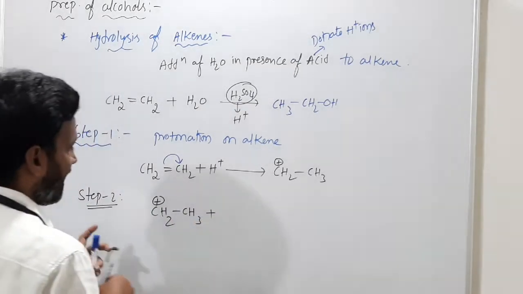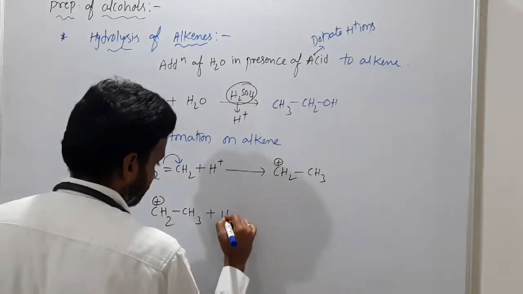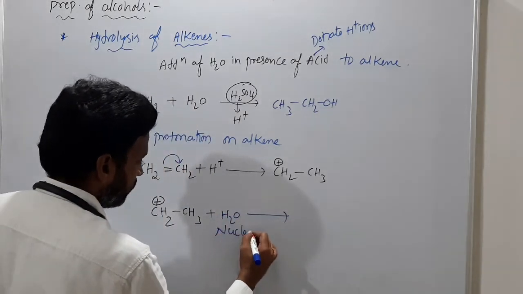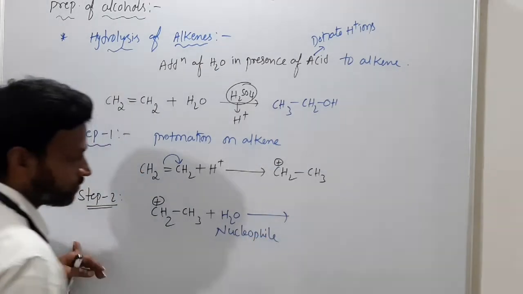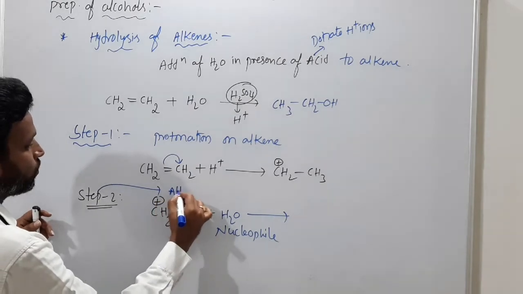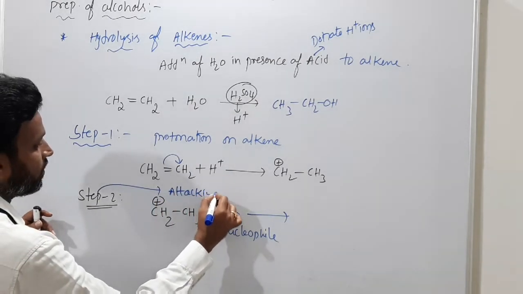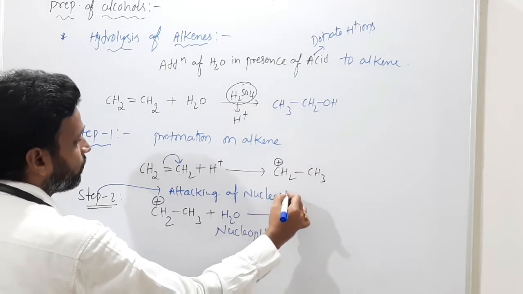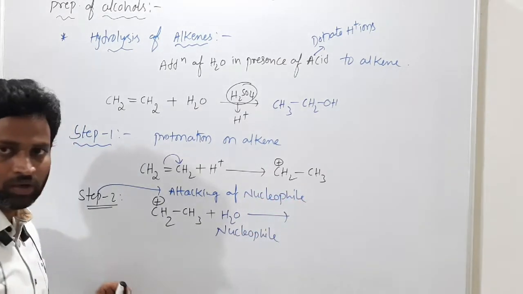And to this I am adding water. So water here acts as a nucleophile. What is this? Nucleophile. So what is step 2? Step 2 is attacking of nucleophile. Attacking of nucleophile.